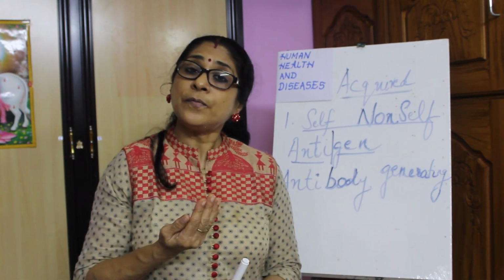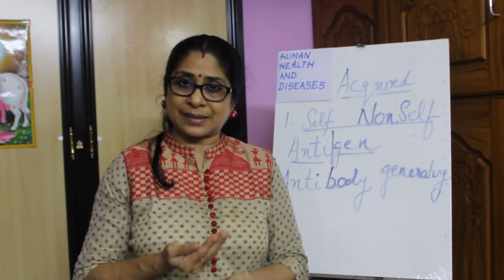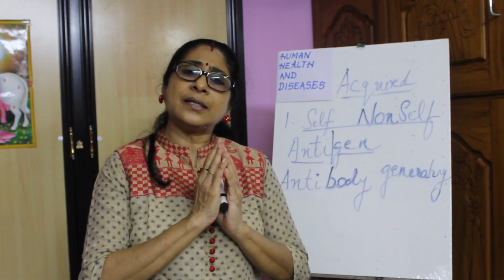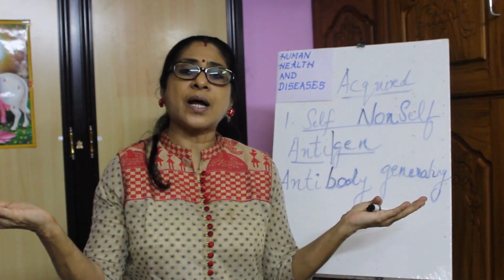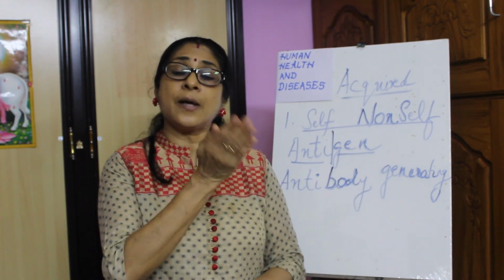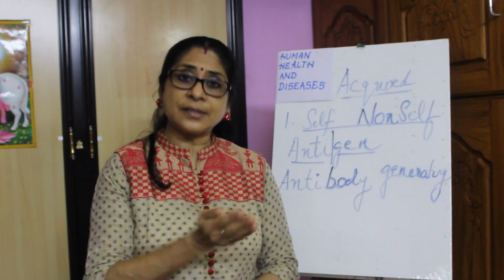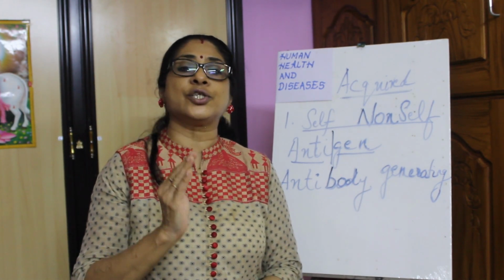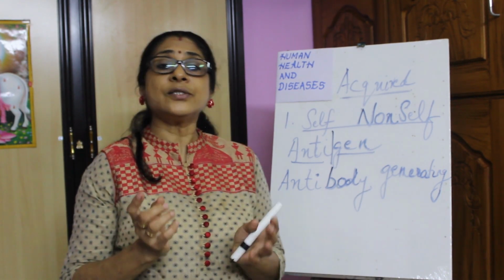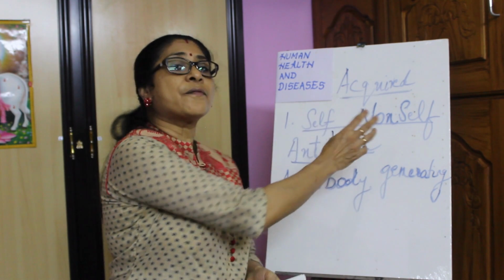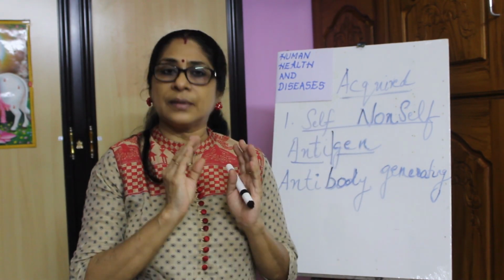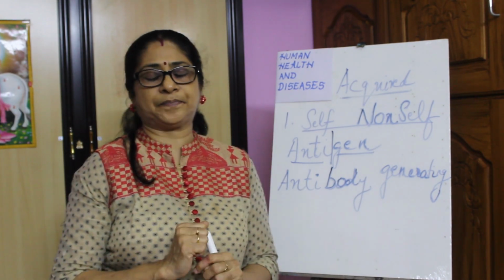It could also be a tissue which is transplanted or an organ which is transplanted. So antigens are a wide variety of non-self substances ranging from food, pathogens, drugs as well as blood, tissues and organ. So when your body fails to recognize self from non-self, that is the first concept of the acquired immune system.